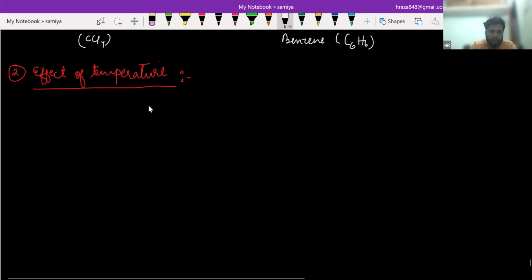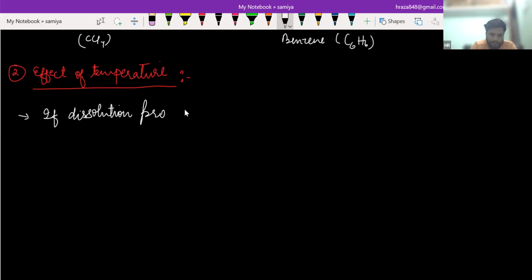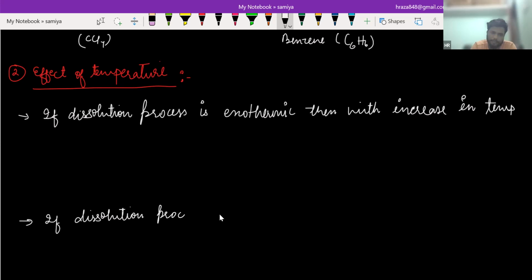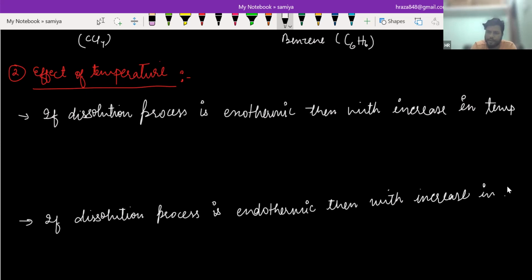So I'm going to write: if the dissolution process is exothermic, then with increase in temperature, and if the dissolution process is endothermic, then with increase in temperature.